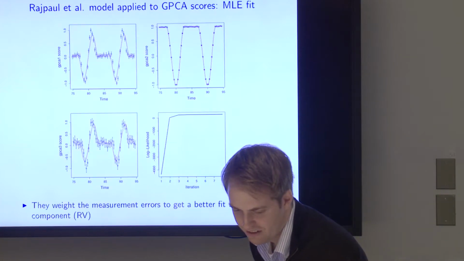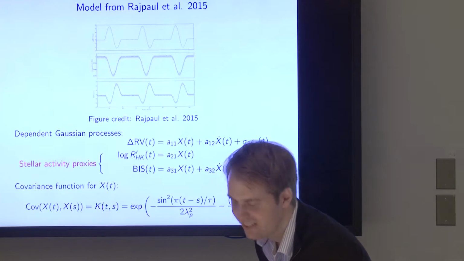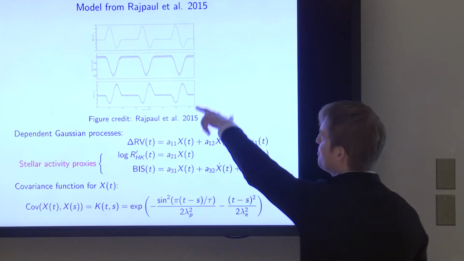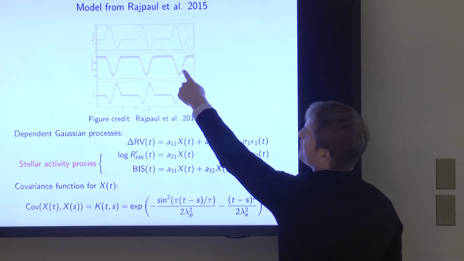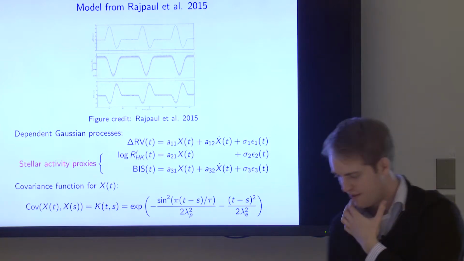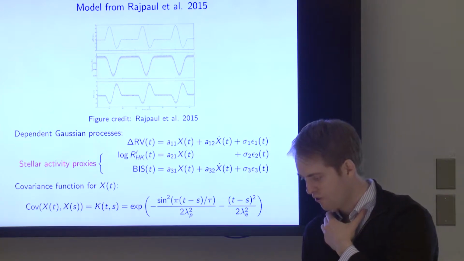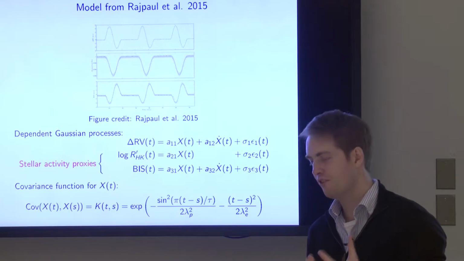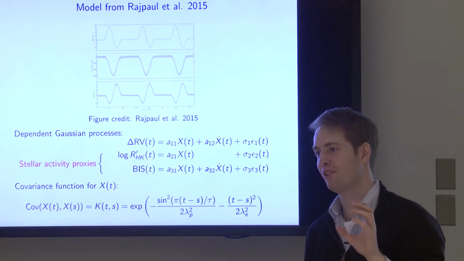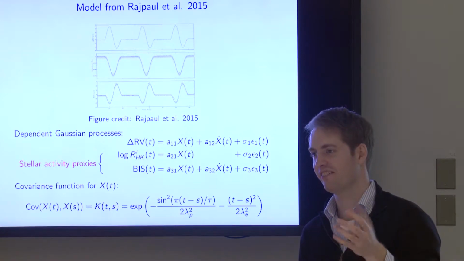So Rajpaul and colleagues had some reason why their outputs look like this. This one is like the derivative of the second one, and they set up their Gaussian process to be the square of the area of the spot as a proportion of the area of the star.